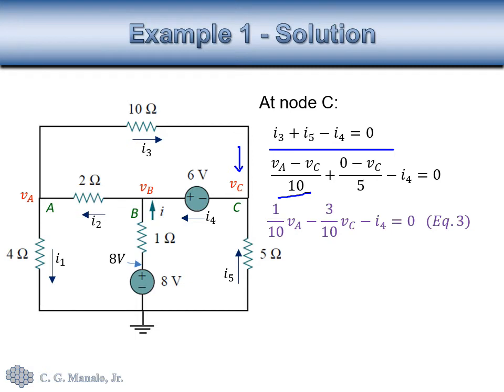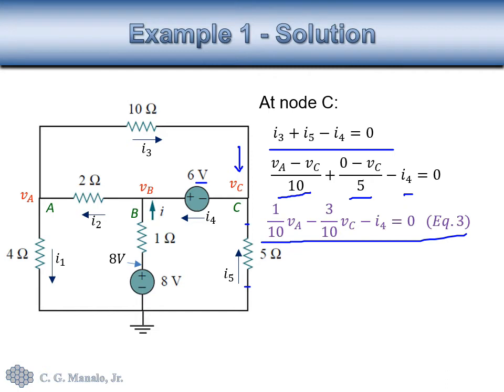For I sub 5, that would be the potential here, which is 0, minus V sub C divided by 5. And I sub 4, again, we cannot express it as the potentials because this is not a resistance, so we'll just leave it as that. So this will be our third equation.